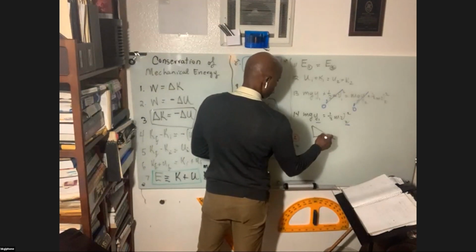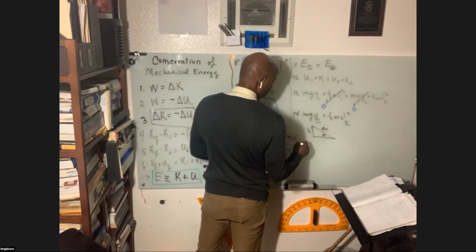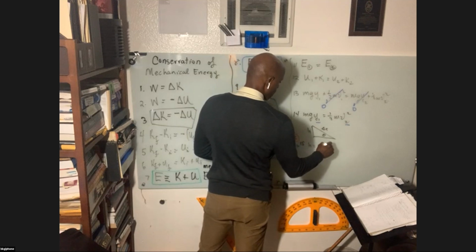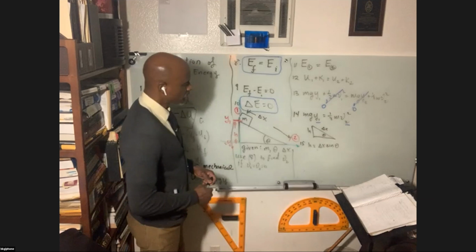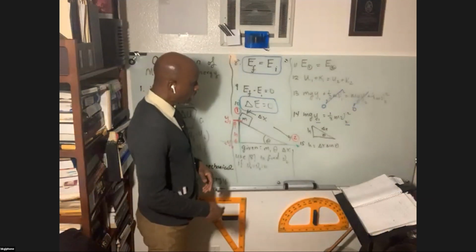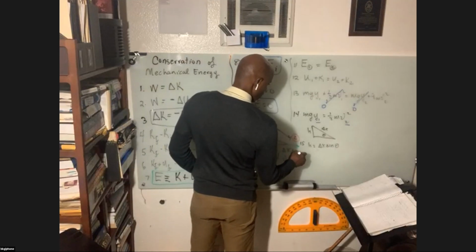So that's theta, and that's delta x. That h is equal to delta x times the sine of theta. So I get it from there, right? So I plug that into equation 14 and then solve for v, and I'm done.